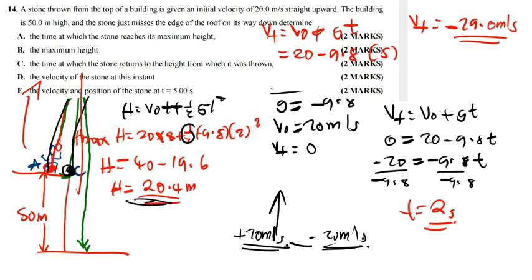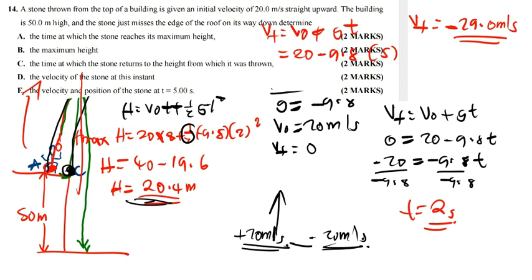Why? We have found that the velocity is negative 29.0 meters per second. So I explained why it was coming down. Exactly. So when the velocity is negative, when you're talking about the motion in y direction under free fall, then that object was coming down.